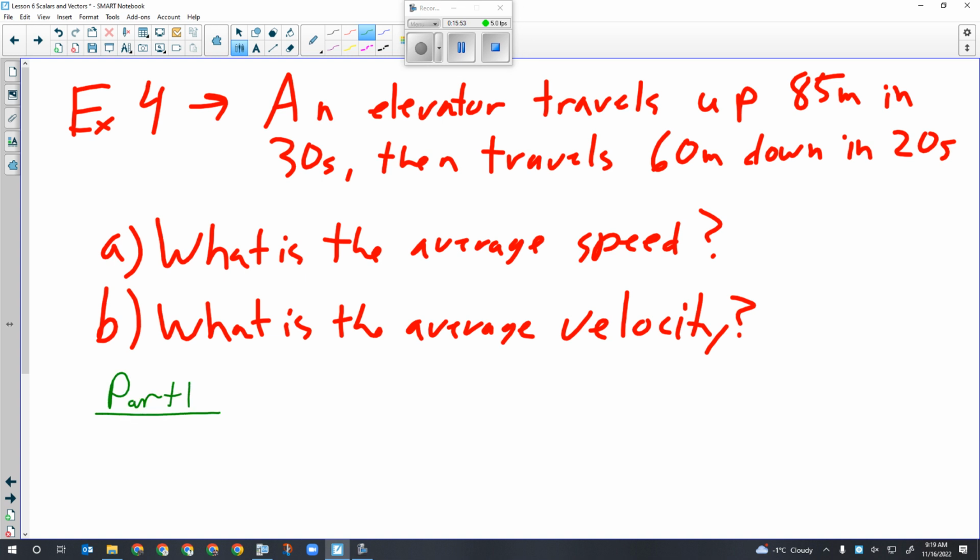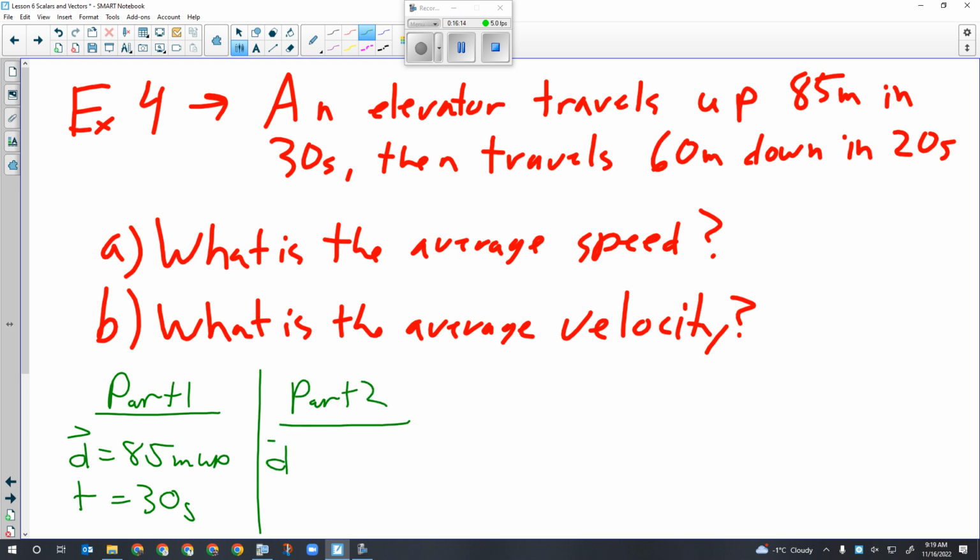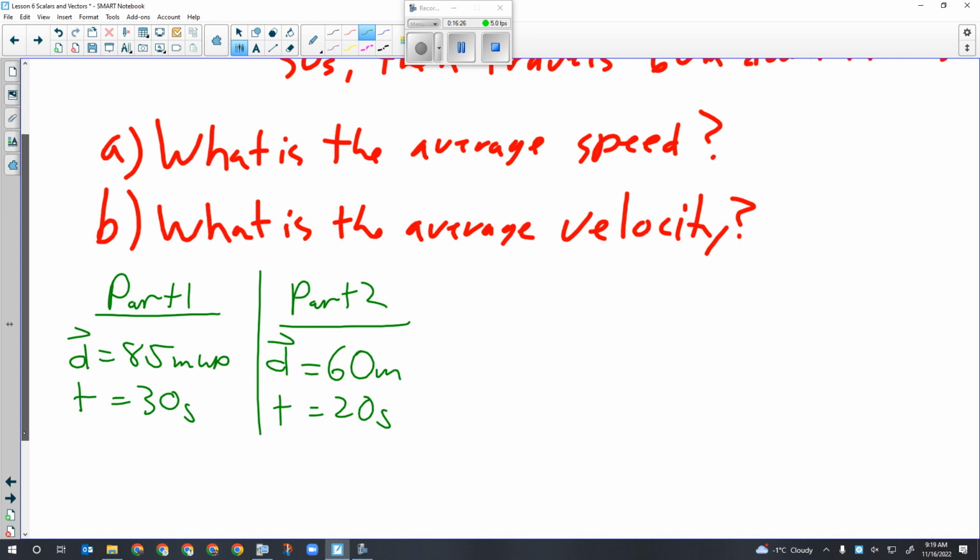In part 1, the elevator is going to go up 85 meters, so that's a displacement, and it's going to do that in 30 seconds. And then in part 2, it's going to go down 60 meters in 20 seconds. Now we're being asked to find average speed and average velocity.